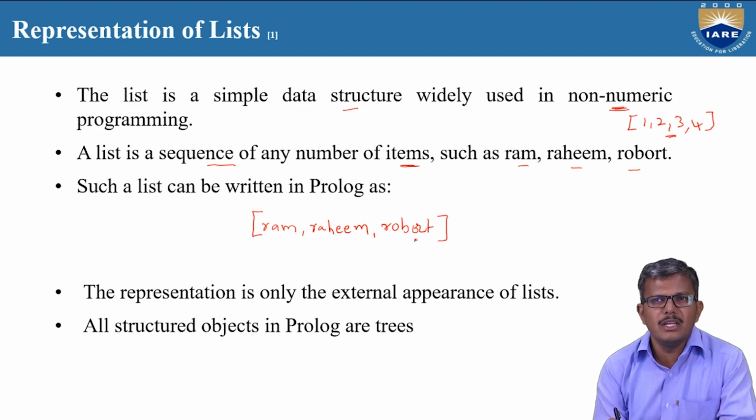It can be any kind of word. So we have taken a sequence of items, and we need to separate them with commas and enclose all of them in square brackets. This is not the only way of representing the list, but it is the most common way.